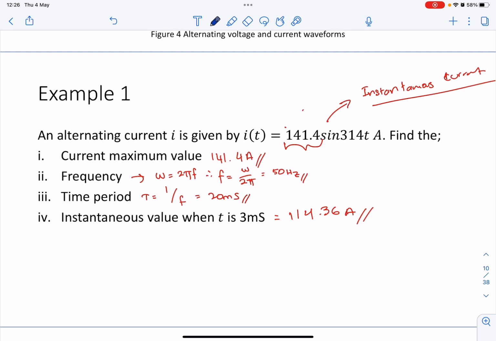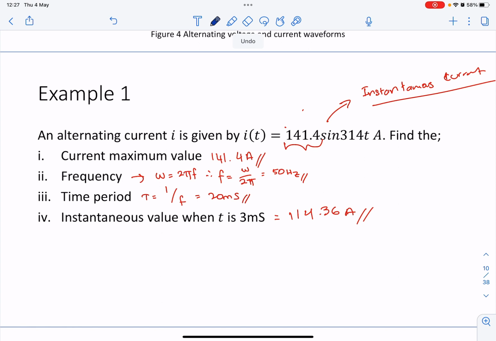So let's look at a quick example here. An alternating current i is given by i(t) equal to 141.4 sin 314t amperes. So this current is the instantaneous current.